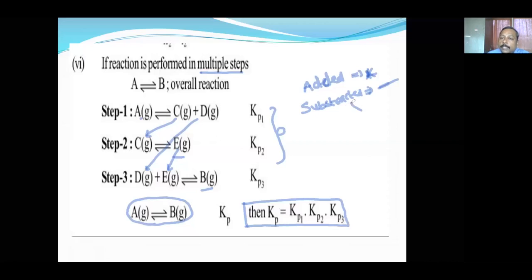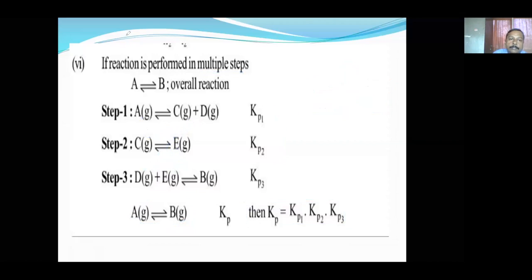Subtracted will be divided, added will be multiplied. When two equilibrium equations are subtracted, it will be Kp1 by Kp2. If these two equations are added, Kp1 into Kp2. So this is how reactions taking place in multiple equilibria and their equilibrium constant are calculated. Let's see the next slide.